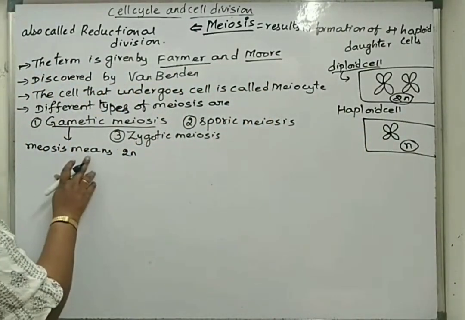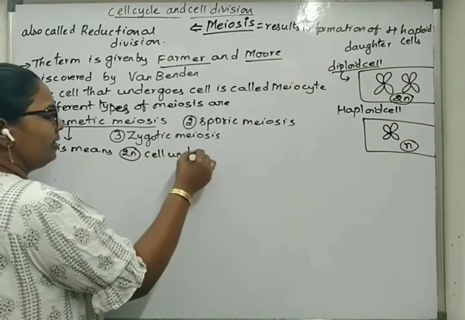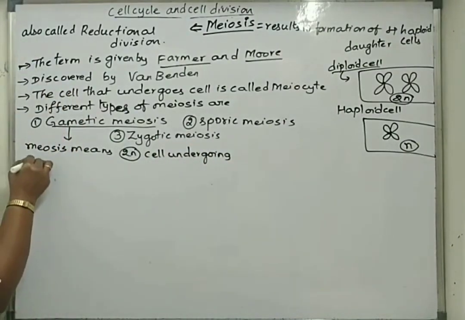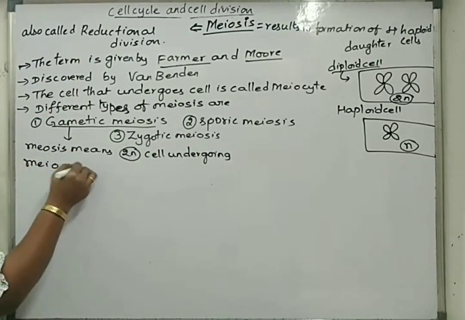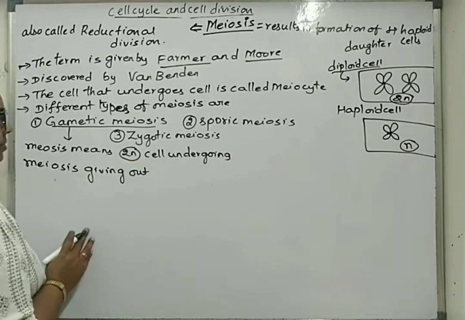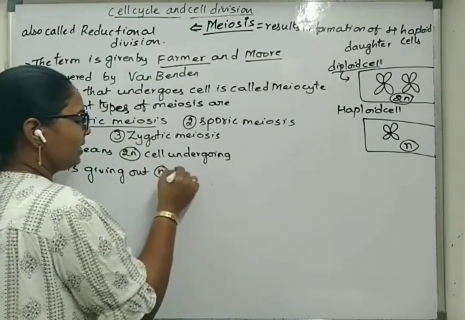So we are writing meiosis means diploid cell undergoing meiosis, giving out haploid gametes.